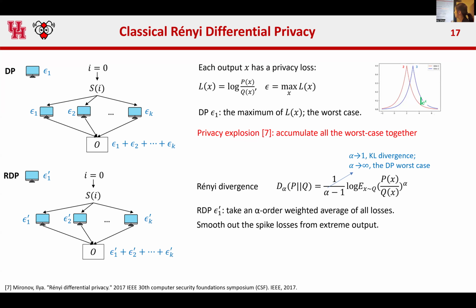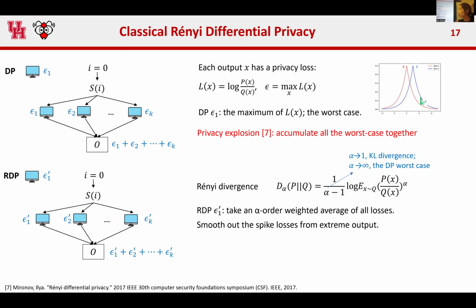divergence. A very important parameter here is the Rényi order, alpha. If alpha is closer to 1, it becomes the KL divergence. If alpha goes to infinity, it becomes DP, which focuses on the worst case.